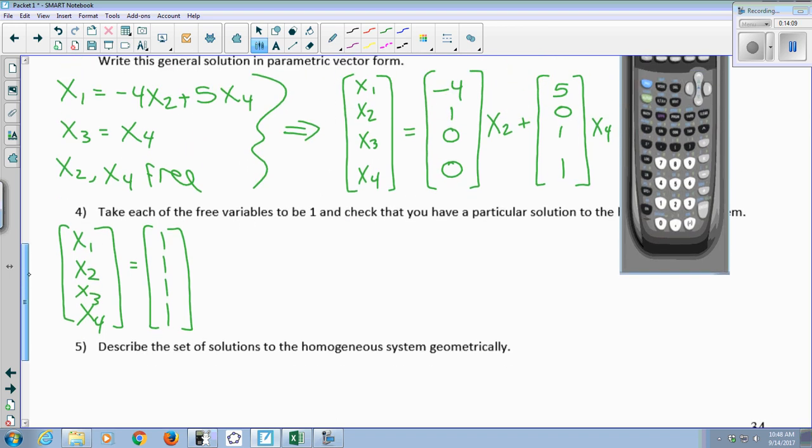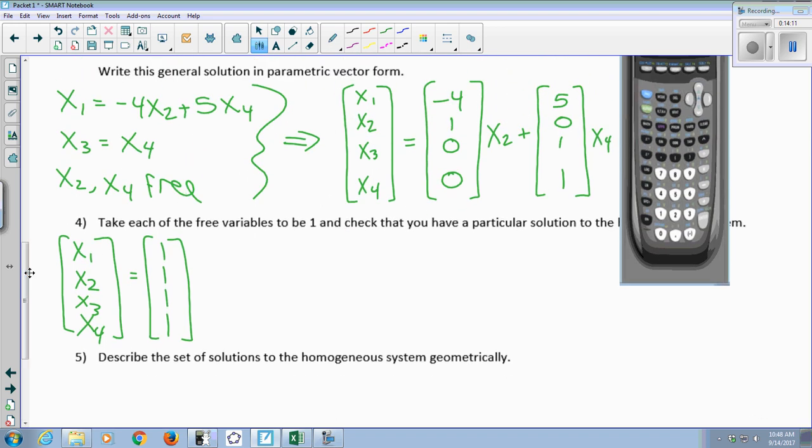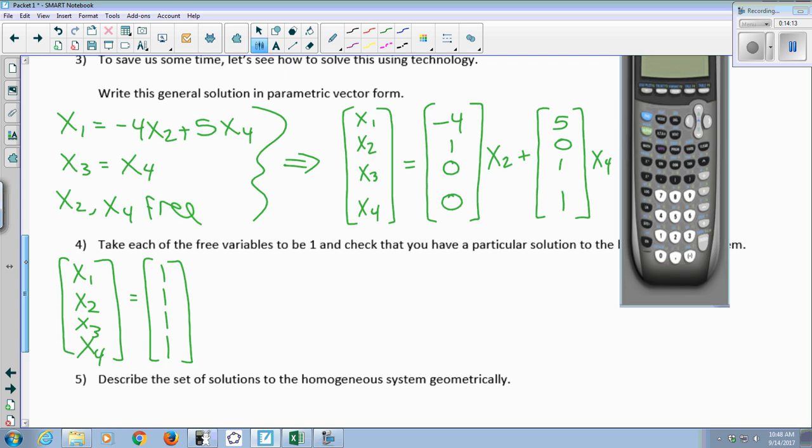All right, so if I want to describe this set of solutions to the homogeneous system geometrically, well, where do those solutions live? R what? 4, yeah. So it's some subset of R4, right? Our solutions to that system.